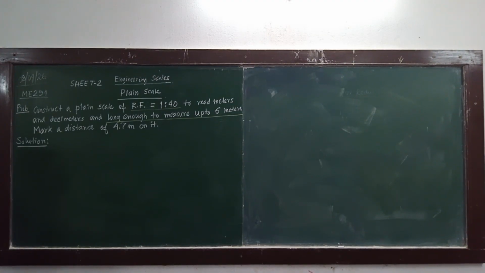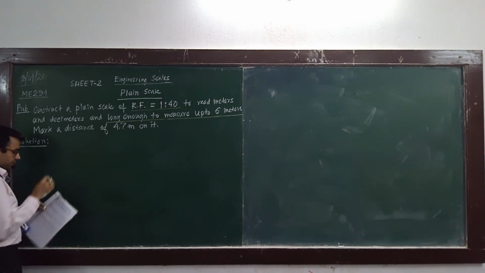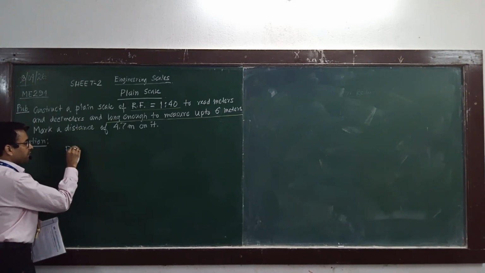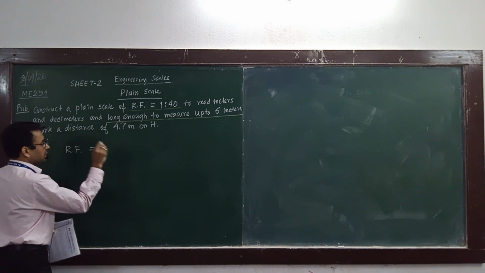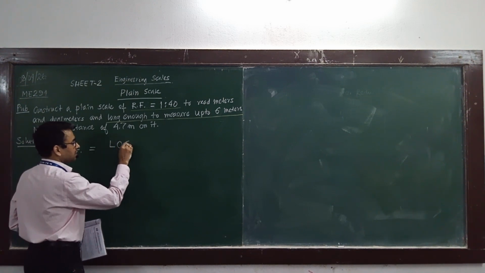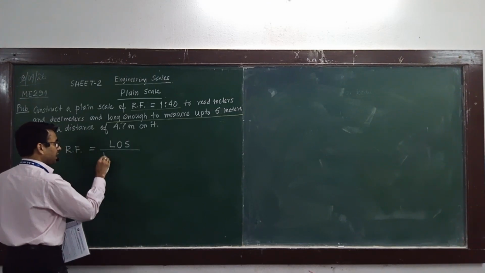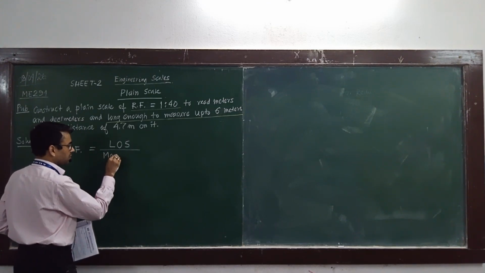So what is the first job? RF is equal to length of scale divided by maximum length to be measured.